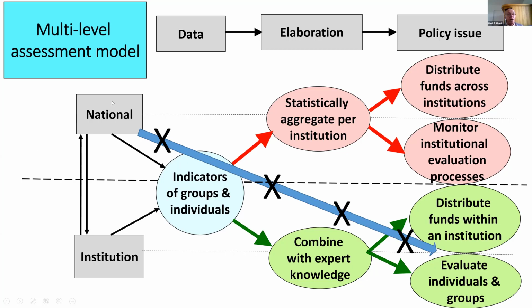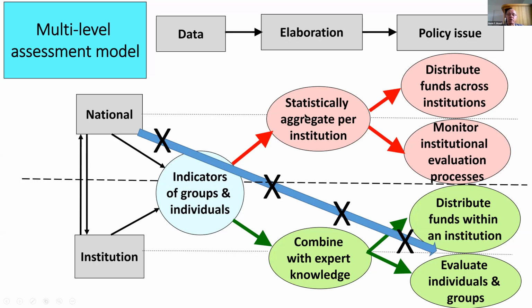So there are national systems in some countries in which national organizations do assess or make statements about the performance of individuals and groups. And what I'm defending in my book is that it is an inappropriate way of using the indicators.